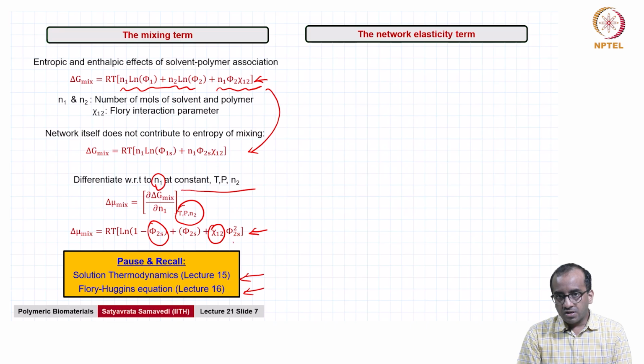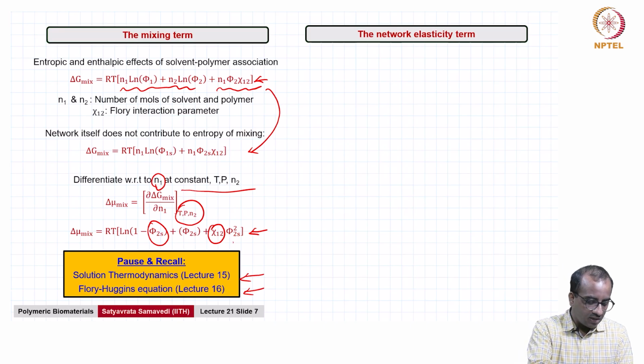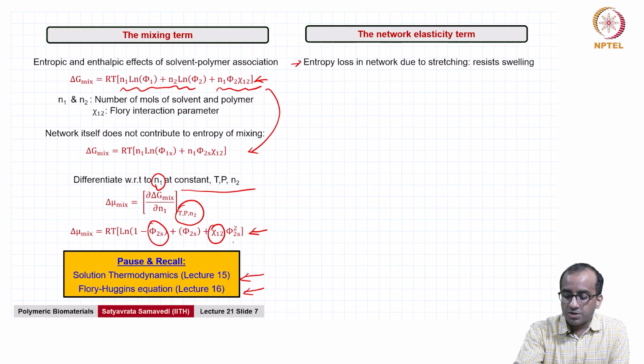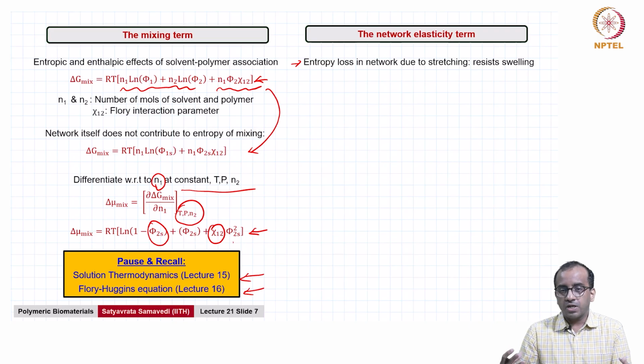Now you can next look at the network elasticity term, and here we note the entropy loss in network due to stretching resists swelling. Essentially, as the network keeps swelling, the number of arrangements that are possible starts becoming lower and lower, and that is not thermodynamically favorable.